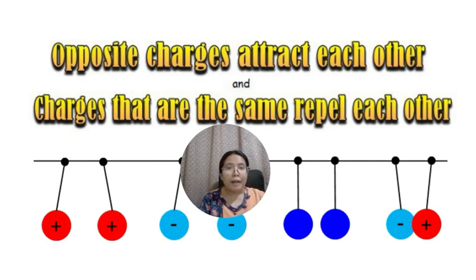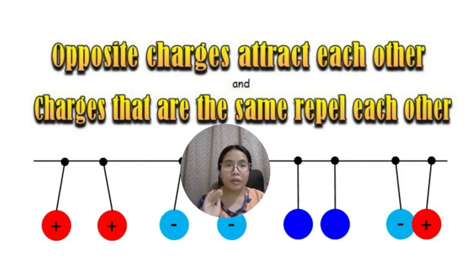So, alam nyo po ba na doon sa ating atoms, kung nakikita nyo kanina, may mga magkakalapit, may mga magkakalayo, may mga paikot-ikot because opposite charges attract each other and charges that are the same repel each other. I want you to copy this statement first before we continue.